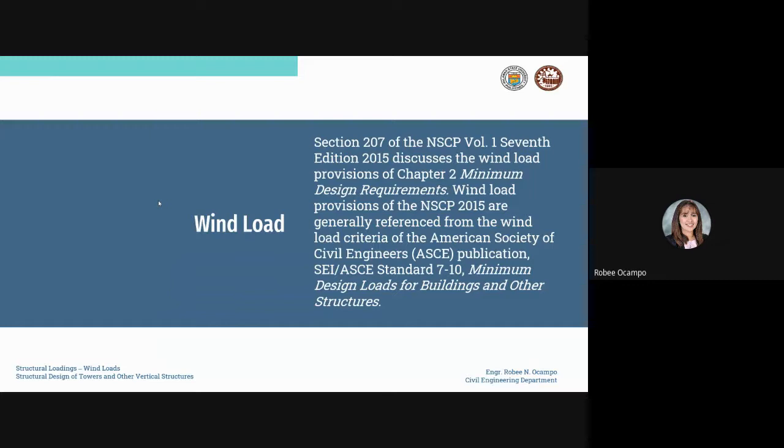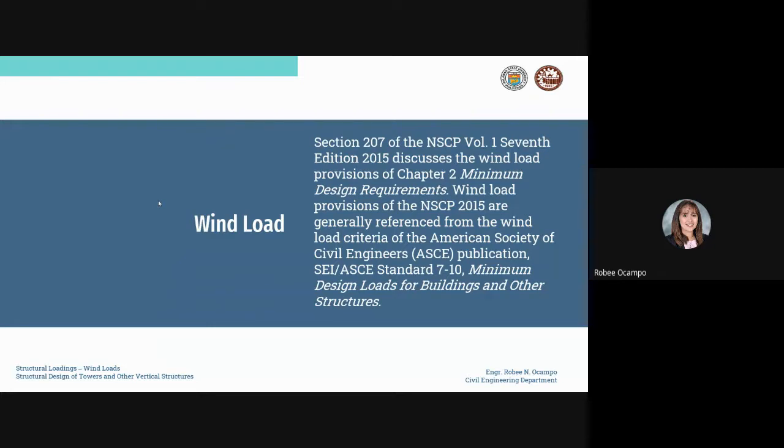Kasi I think after the 7-16, meron pa atang mas bago, 7-20 yata, if I'm not mistaken. Basta alam ko, may mas bago na doon. And I think yun na yung gagamitin ng NSCP.